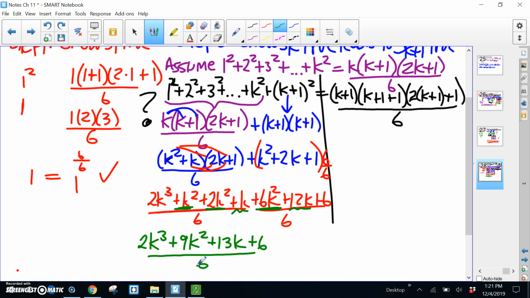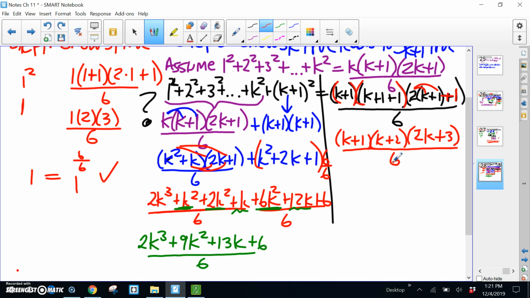All right, so we want to see if that matches up with the right side. So let's clean up the right side. I've got k plus 1 right here. And in this set of parentheses, k plus 1 plus 1, that's k plus 2. And then over here, let's distribute the 2. That's going to make 2k plus 2 plus this 1. We're going to call that 2k plus 3 over 6.